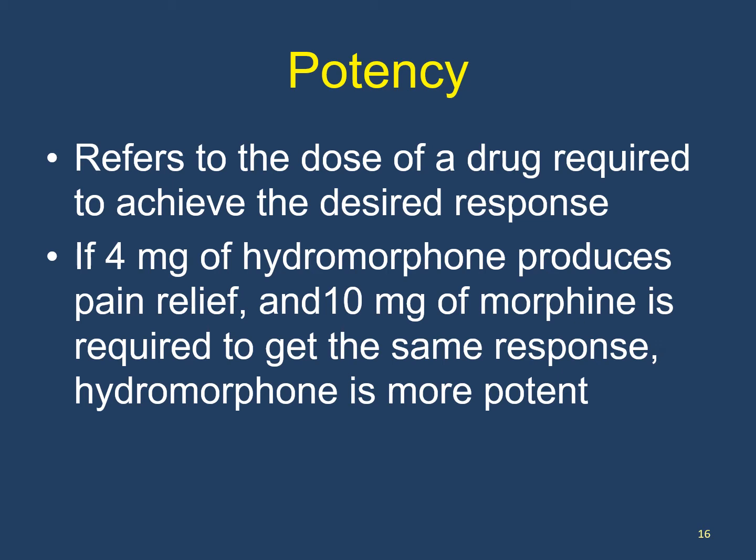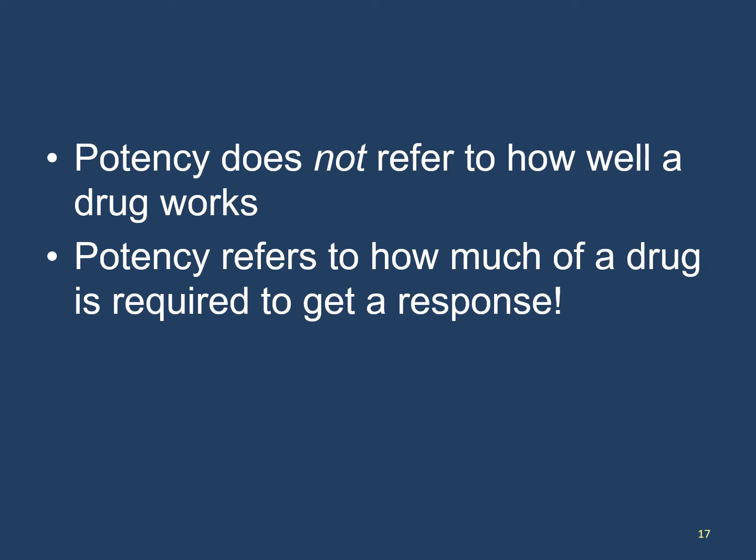That's all it means, is that the hydromorphone is more potent. It has nothing to do with efficacy. If they both reduce pain to the same extent, they are equally efficacious. It's just that hydromorphone is more potent in getting there. So I hope this one makes sense to you too.